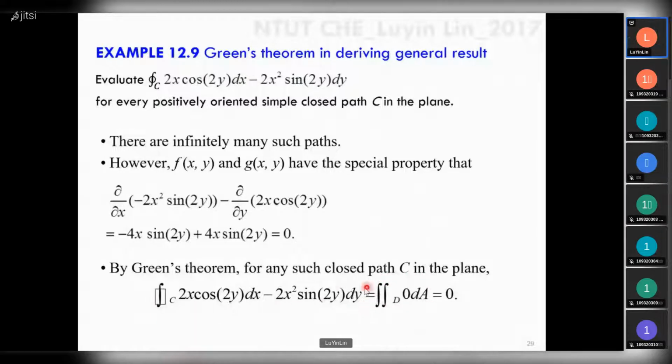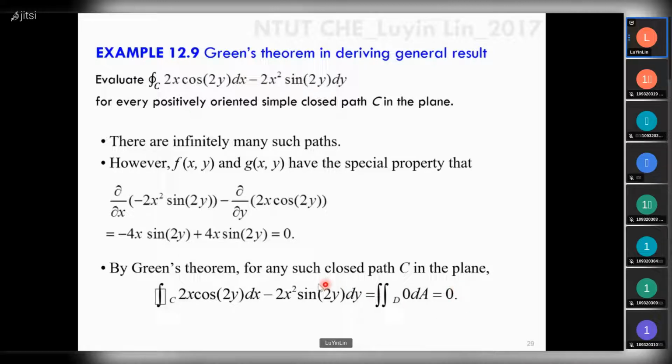This one is the question here. The question is here, and you use the Green theorem, you can have this one. So the 0 here is the calculation here. So because you integrate a 0, the answer should be 0.